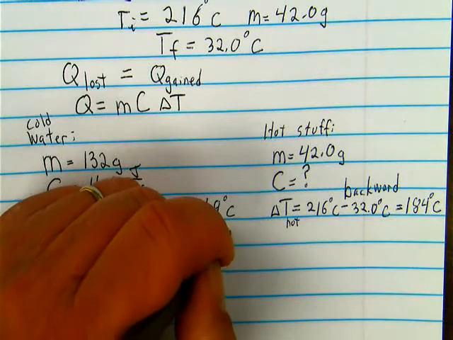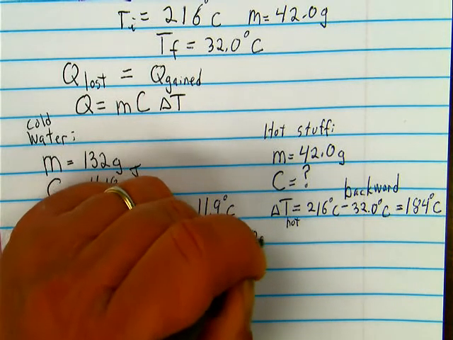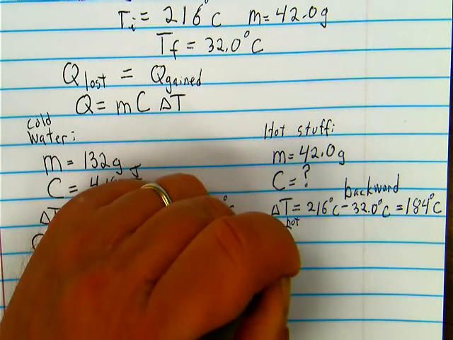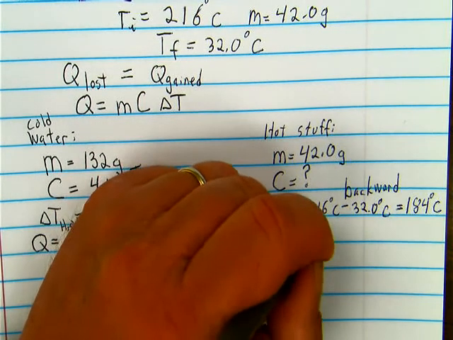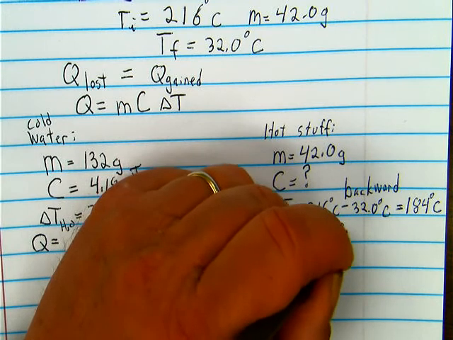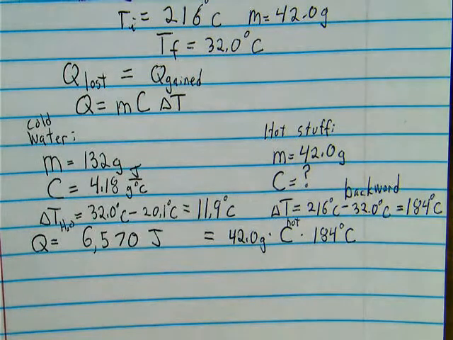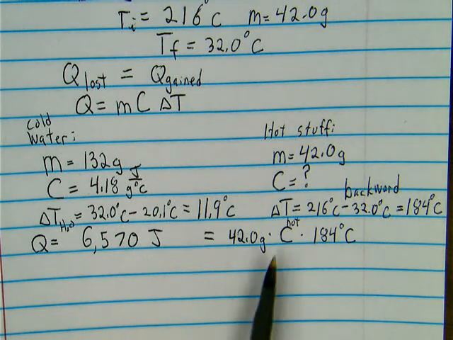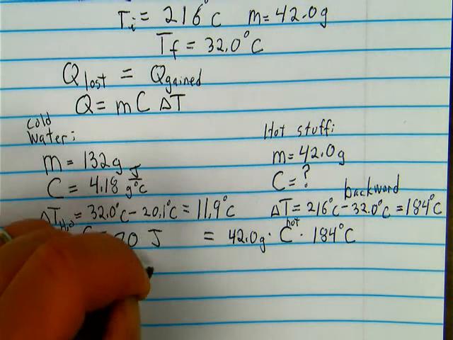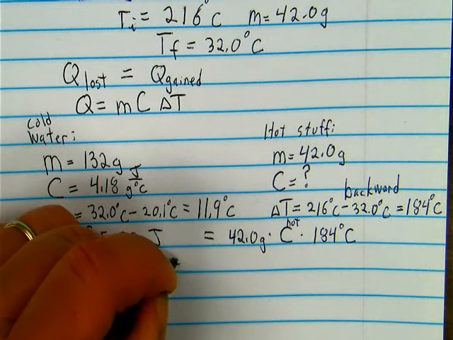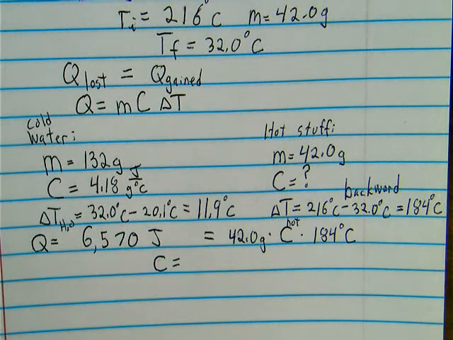And that means it's the product of the mass, 42 grams, times the unknown specific heat, times the change in temperature, which I'm expressing as a positive number, as 184 degrees C. This becomes a Math 1 problem where there's only one unknown, and that is the specific heat of the unknown hot stuff. Calculate, please, what is the specific heat of the hot stuff?